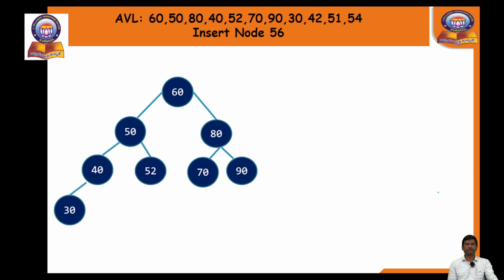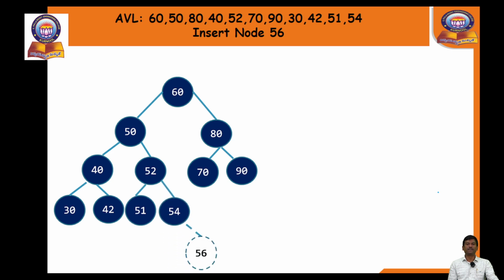At every step, whenever you are inserting a new node or deleting an existing node, you have to check the balance factor. So far there is no deviation in the balance factor. Add node 30, no deviation in the balance factor. Add node 42, no deviation. Similarly, 51 is inserted, and 54 is inserted.